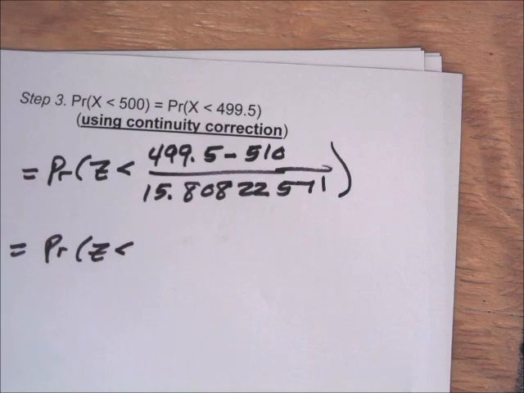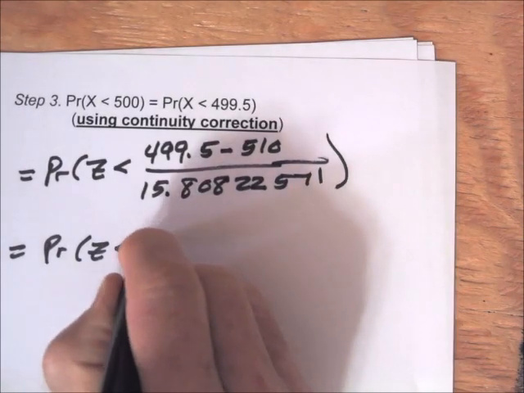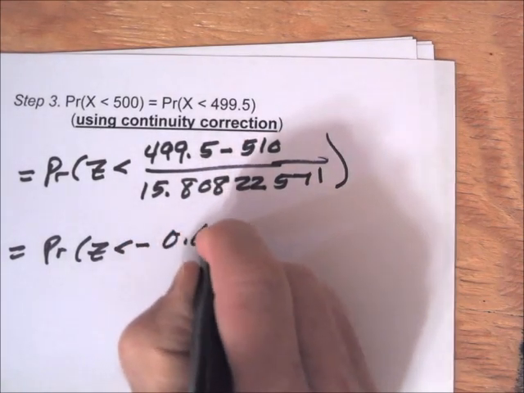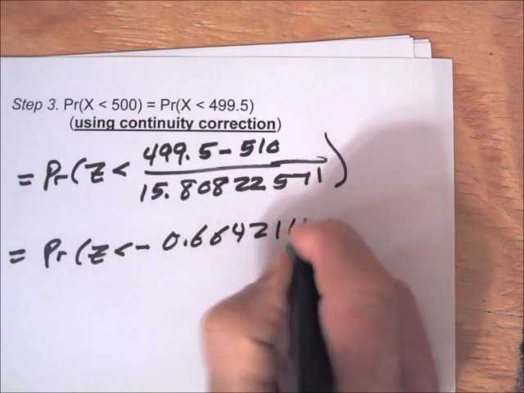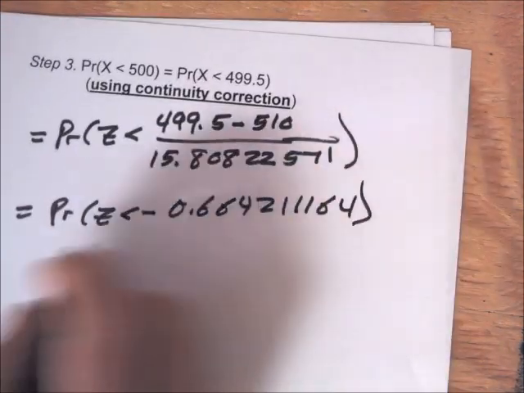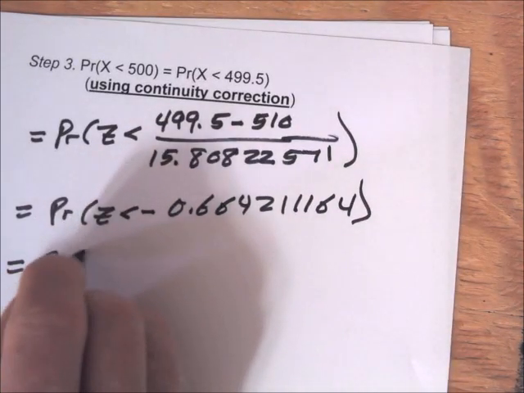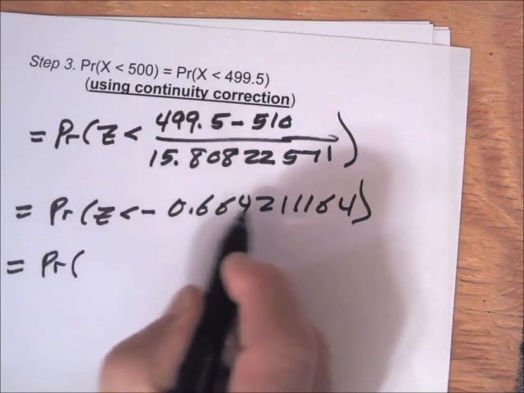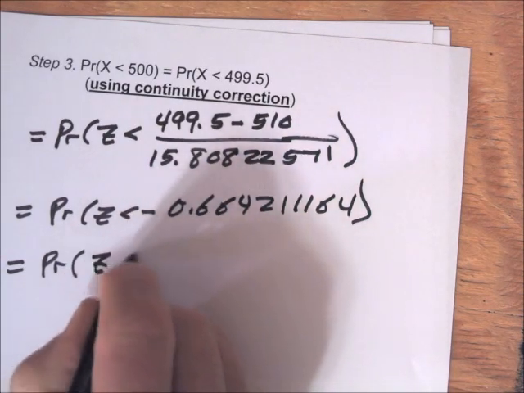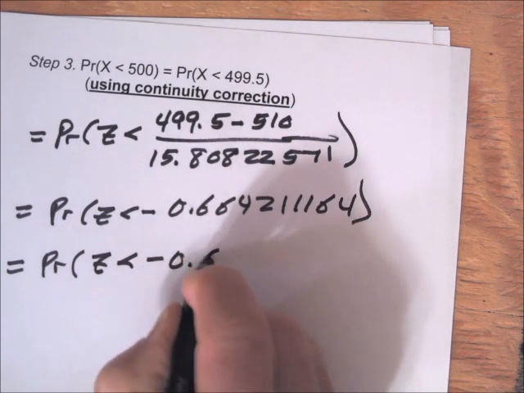Okay, so 499.5 minus 510, divided by the square root, equals, I get negative 0.6642111164. So in order to use our z-table, I'm going to round this off. If you're using technology, you can keep all these digits and you'll get a more accurate answer. But I'll round this off here.